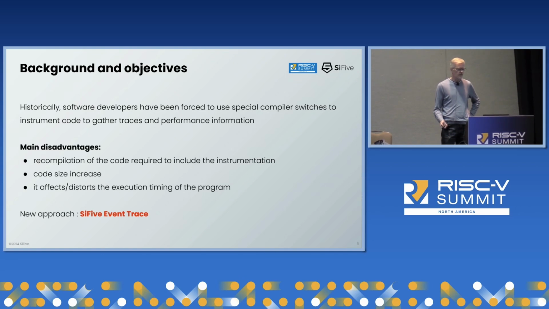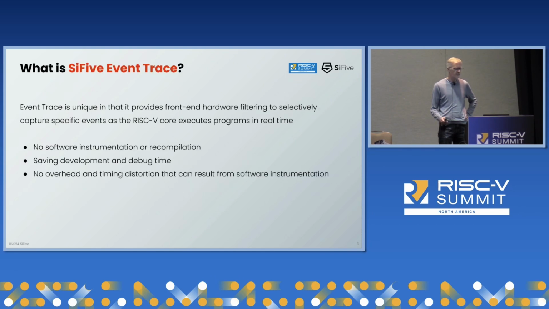So the new approach to do this better is SiFive Event Trace. So what is this? SiFive Event Trace is a hardware implementation in SiFive processors that allows the hardware to collect events, similar to what you would get from instrumenting the software, into the trace stream of your hardware trace, meaning that you do not have to recompile your code.